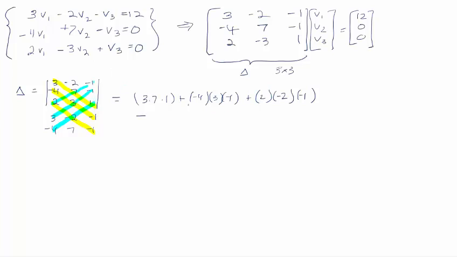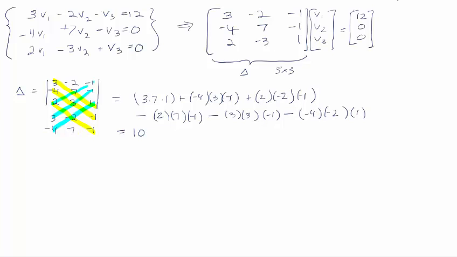So I'm going to be minusing 2 times 7 times minus 1, minus 3 times minus 1 times minus 2, minus 1 times minus 4 times 1. And after I do all that math, and I believe that the textbook gave you the right answer, you will come up with the answer of 10.